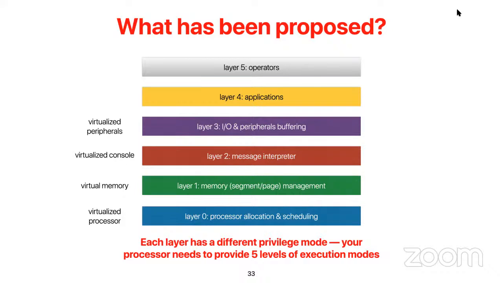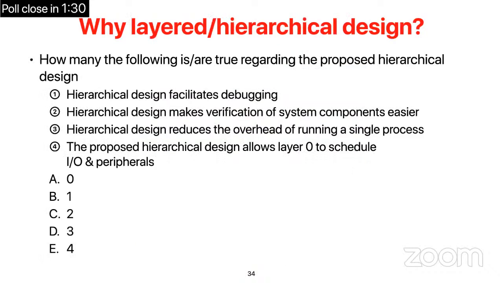But at this point, at least you know each layer needs a different privilege mode, and your processor at that time needs to provide 5 different levels of execution modes, and each mode has its own meaning, right? So now I'm asking you, why did Dijkstra at that time think the hierarchical layer design is a good idea?